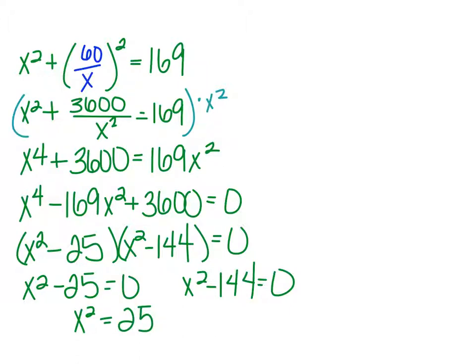That means that x will be, I'm not going to say plus or negative because we can't have a negative side, so just positive 5. And here, x squared equals 144, so x would be the square root of 144, or 12.